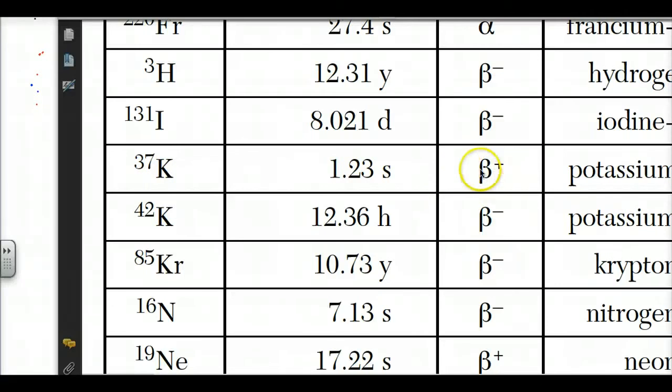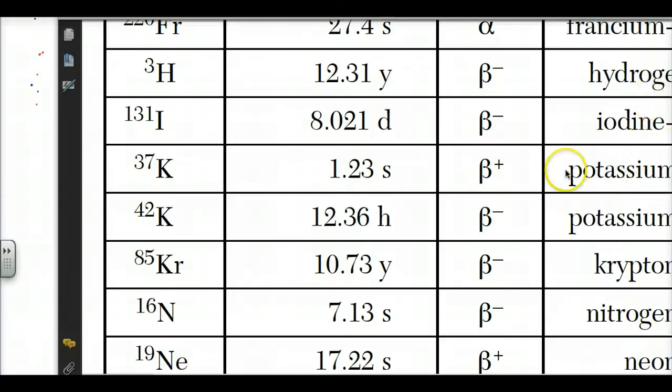This is called a positron emitter. And now a B plus is a different symbol. It's actually called antimatter. It's the antimatter particle of an electron. So this is a positively charged electron, believe it or not, that when colliding with electrons will annihilate themselves into energy. But that being said, we need to know what this looks like.